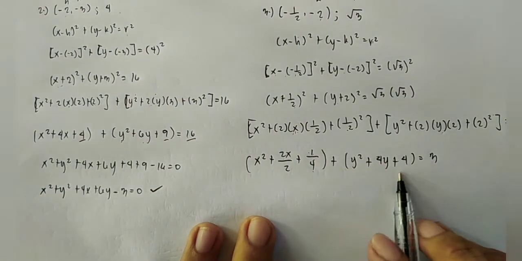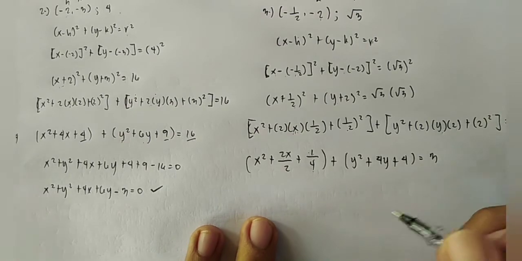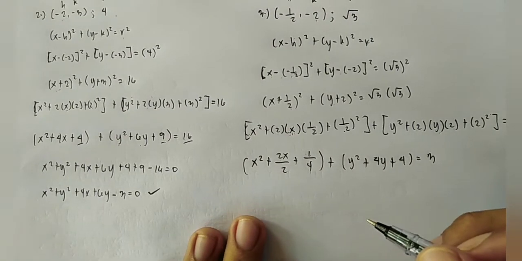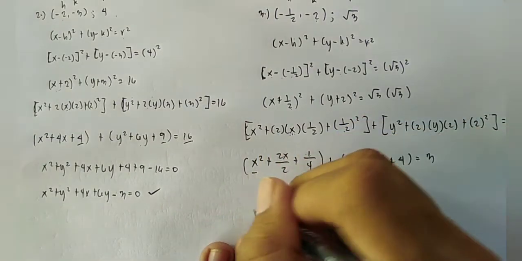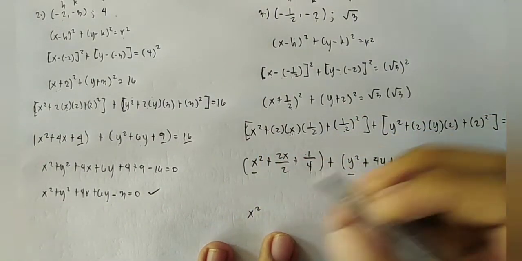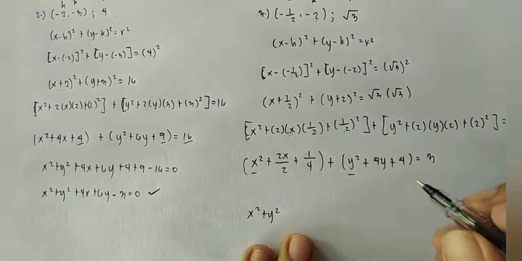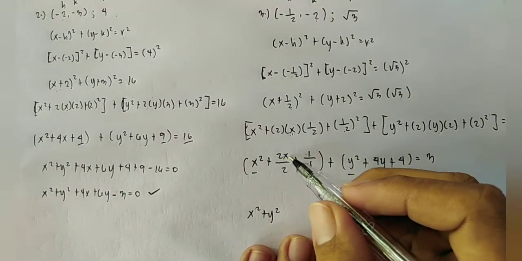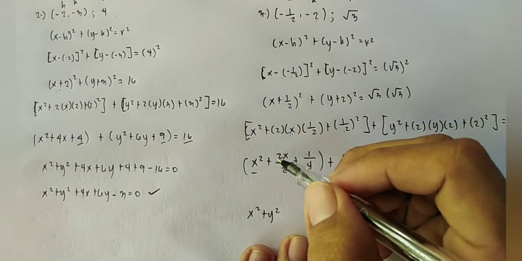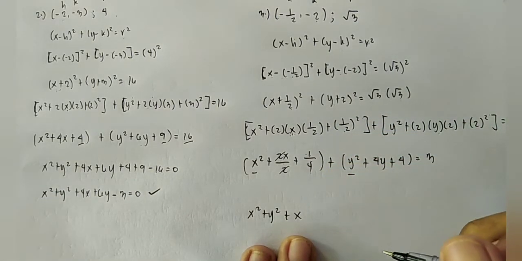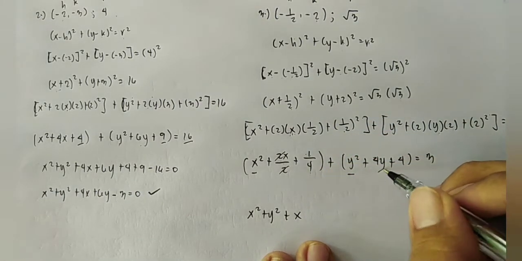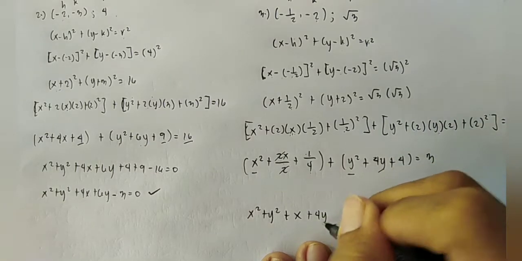We have to rewrite this one in the correct way of writing the general form of the equation of a circle. So we have to write first the x squared, followed by y squared. Then we have here 2x divided by 2, that is 2 divided by 2, cancelled out. Then the remaining will be x. Then followed by y, so we have plus 4y.